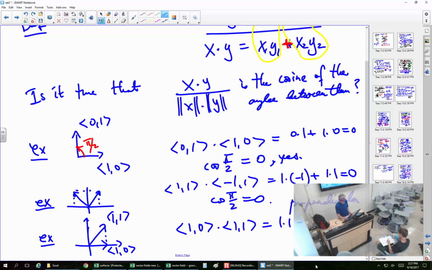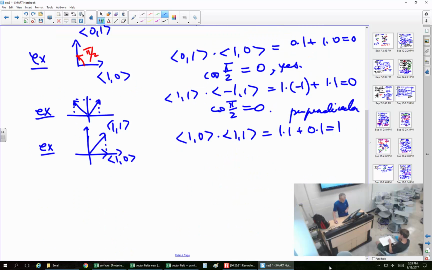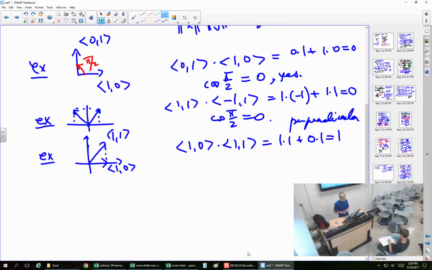I have 1 times 1 plus 0 times 1 is equal to 1. So, what's the conclusion? The dot product of these two vectors is equal to 1.